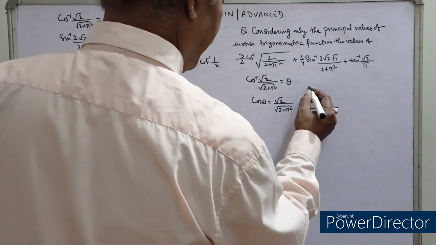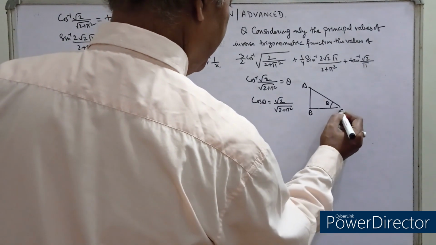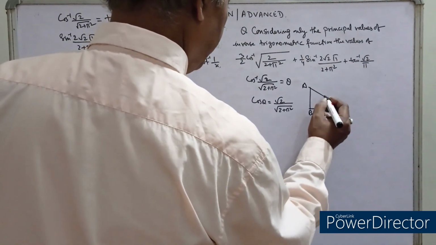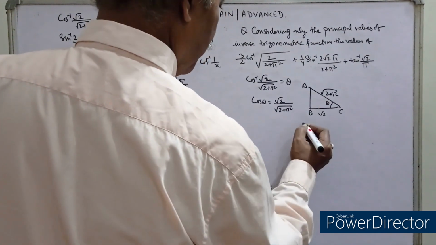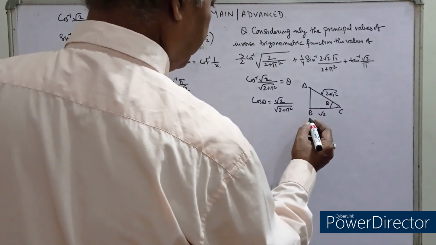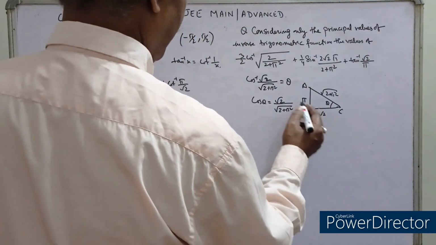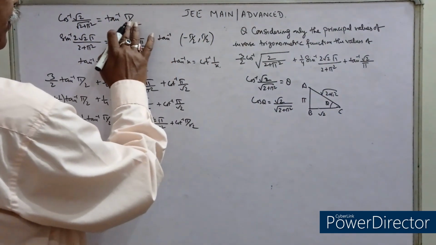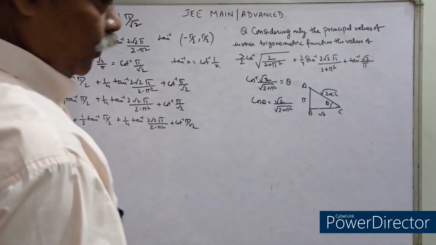If we apply the triangle, this is theta, ABC, so root 2 by root 2 plus pi square, so your AB will be pi, so your tan theta will be pi by root 2.